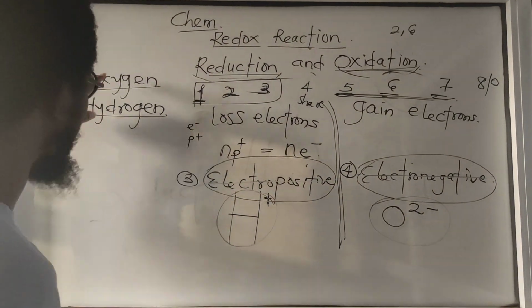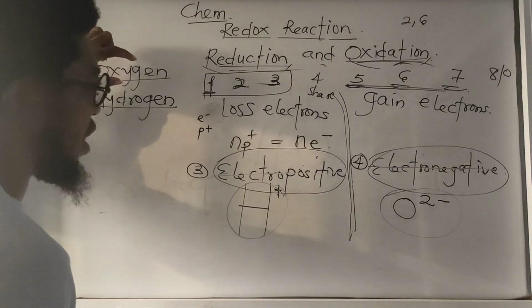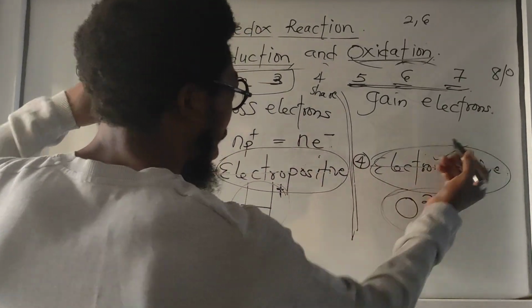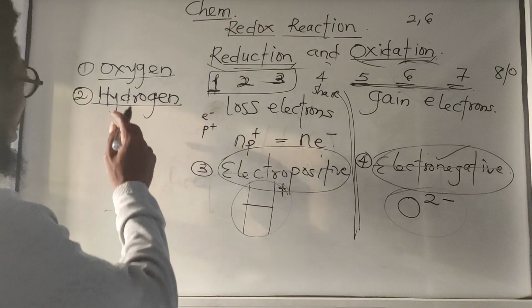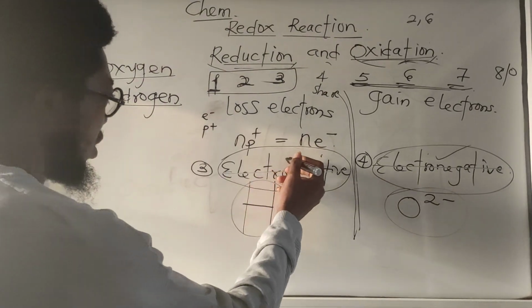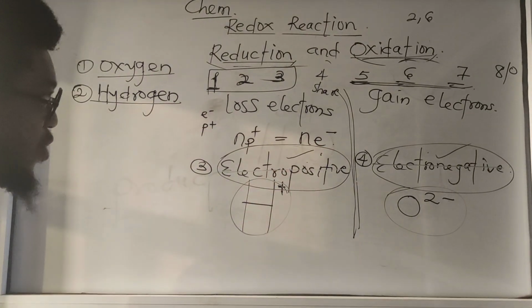The same definition you have given to oxygen is what you will give to all electronegative elements. The same definition you have given to hydrogen is what you give to all electropositive elements.